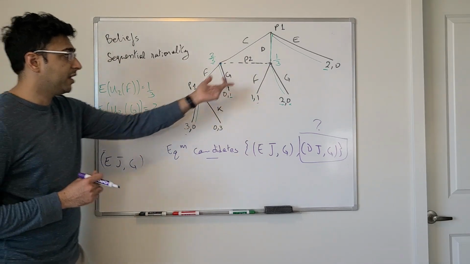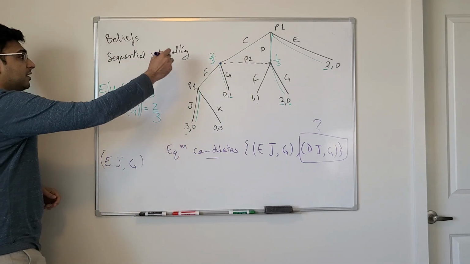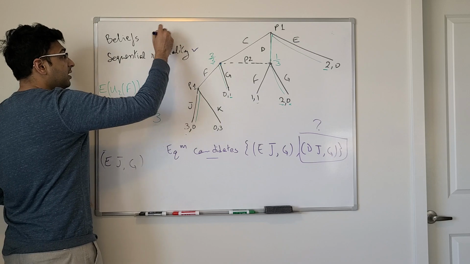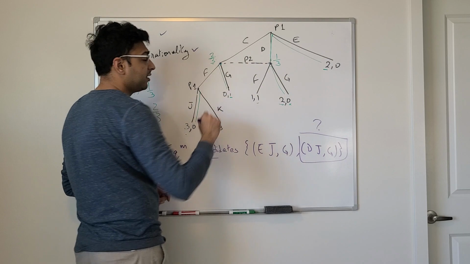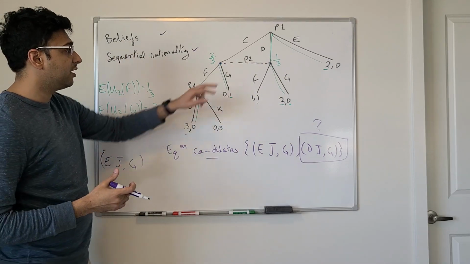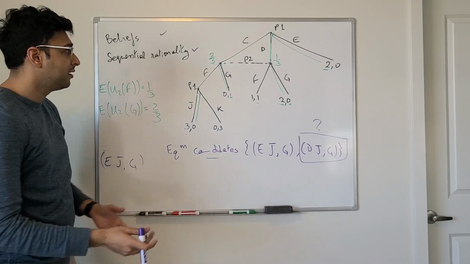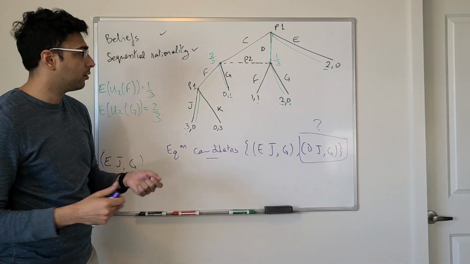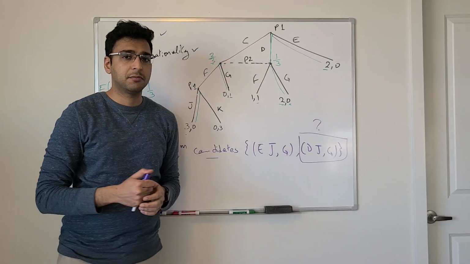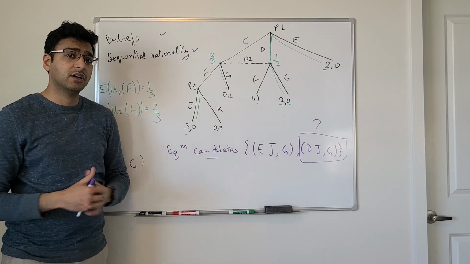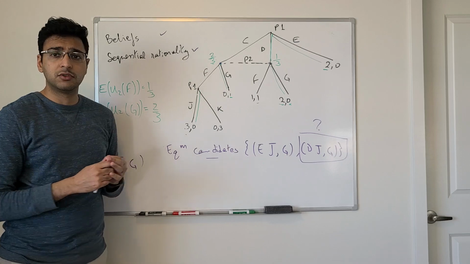Player 1 can do no better at any of its information sets. So sequential rationality is maintained. Consistency of beliefs is also maintained because we never actually, in equilibrium, in the steady state of this game, arrive at this information set. So player 2's belief that if C or D happens, then C is played 2/3 of the time and D is played 1/3 of the time, is never actually contradicted. And so beliefs also remain consistent.